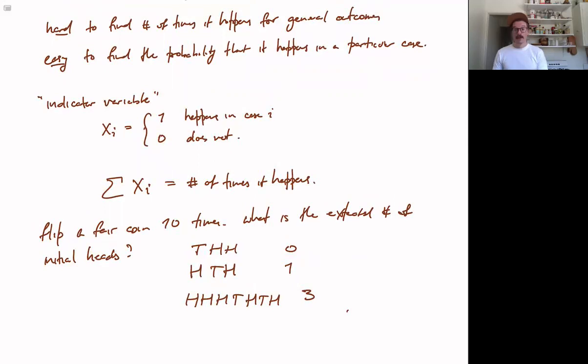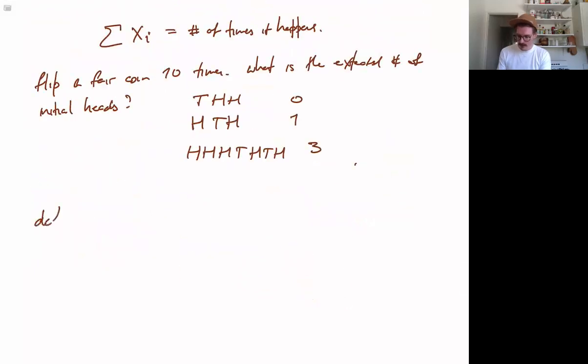This fits into our framework, because computing for a general outcome how many have certain numbers of initial heads is a little bit tricky, but we can break it down into indicator variables.